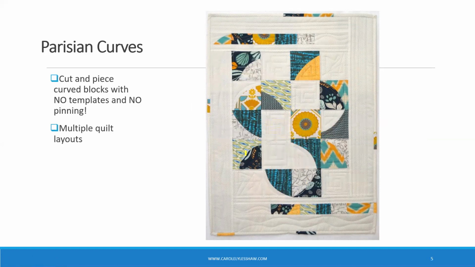And I've paired it with a variety of other prints, some from a similar fabric line, but most are coming from multiple designers. And I also pieced improvisational borders, and I'll talk about that in the workshop as well. You will get multiple quilt layouts in this workshop as well.